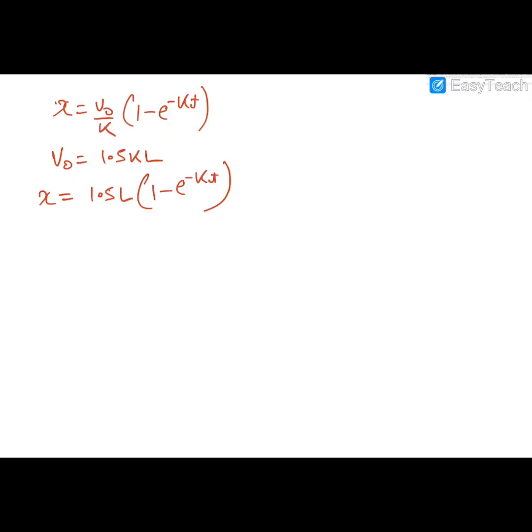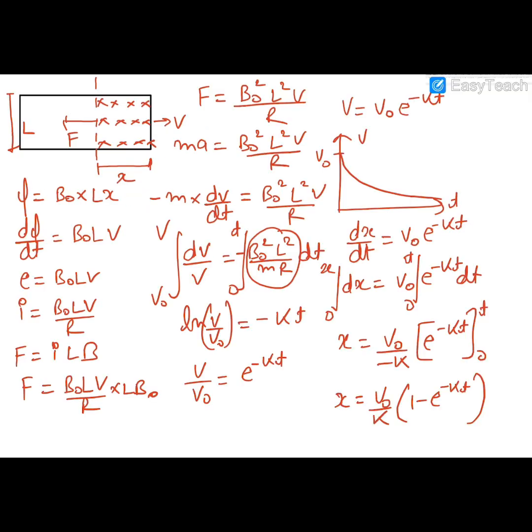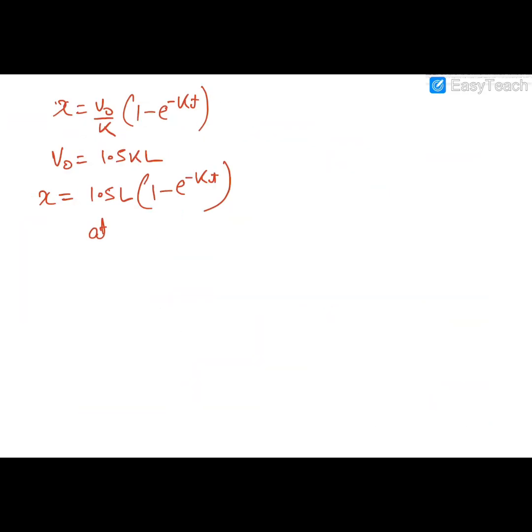Okay, and we know that obviously the loop will stop at t is equal to infinity. At t is equal to infinity, v will be 0. So at t is equal to infinity, x will be equal to 1.5 L.